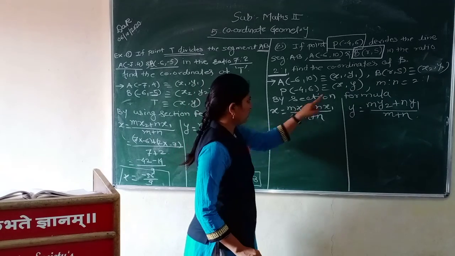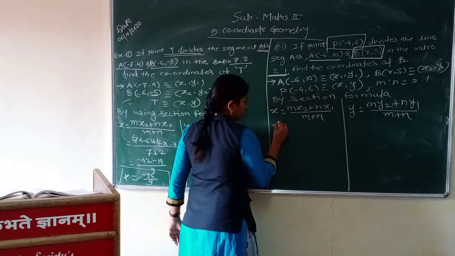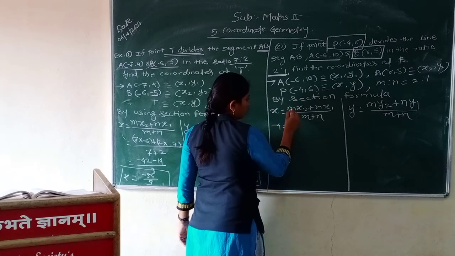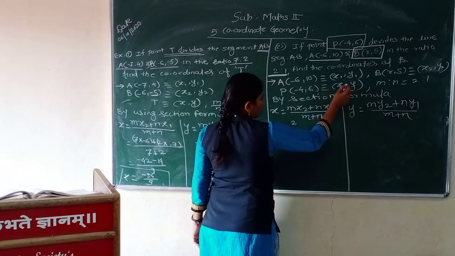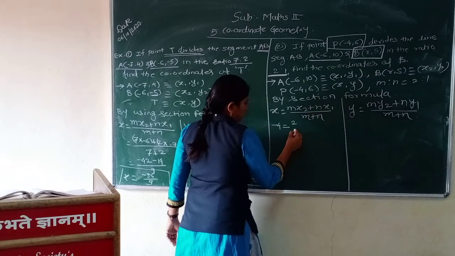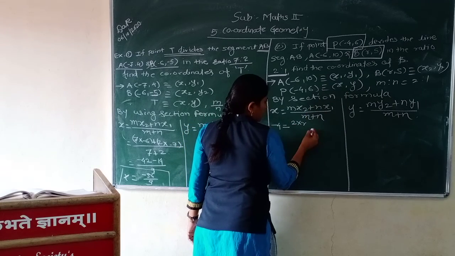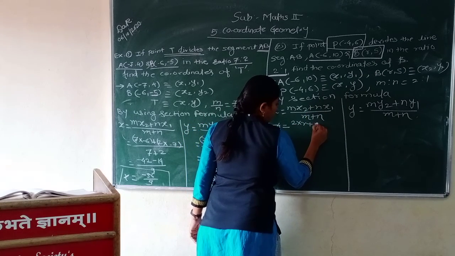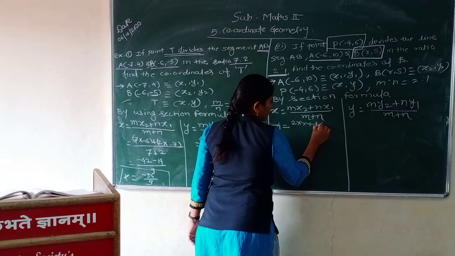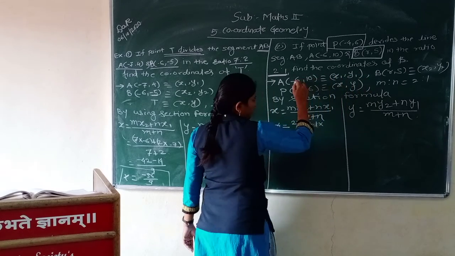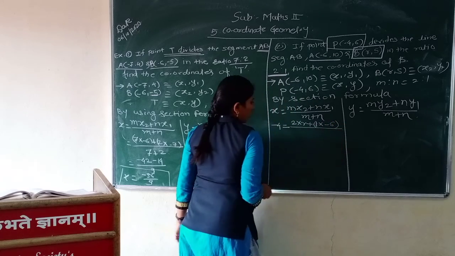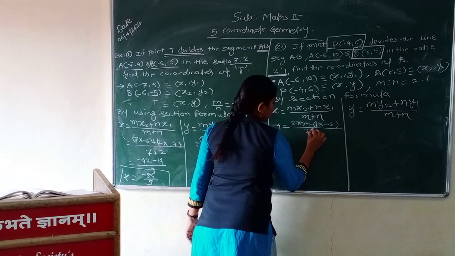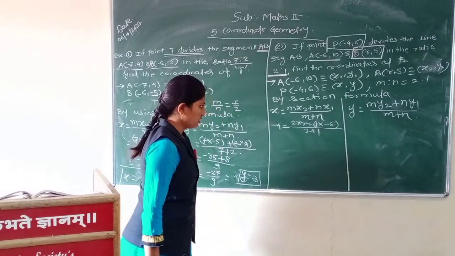X is given, minus 4, equal to m is 2, x2 is r, plus n means 1 into x1 is minus 6, upon m plus n, 2 plus 1.